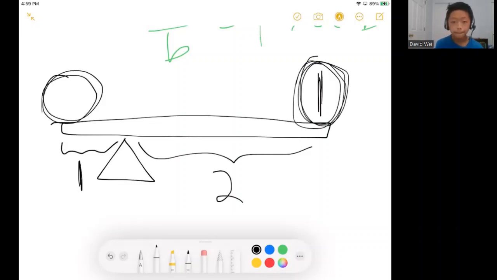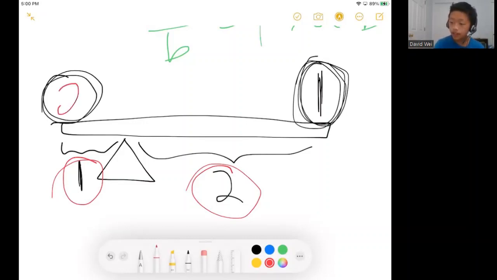This distance here is twice the distance there, so in order to balance it out, the mass on the other side has to be twice as much. You have to put a 2 kilogram mass on the other side. This is the foundation of mass points: you use the ratio of lengths to balance things out.